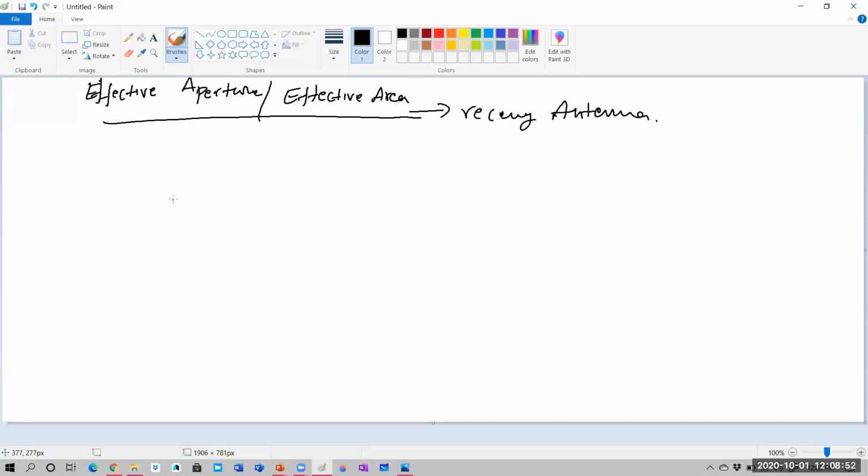So effective aperture, that is A suffix E, equal to... How can you define this? It is the ability of the antenna to extract energy from an electromagnetic wave. So it is called an effective aperture or effective area.